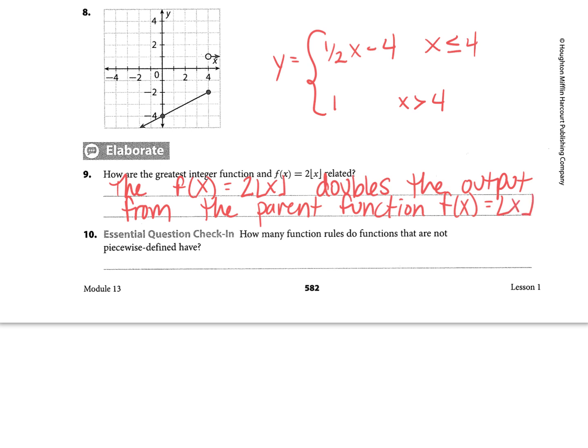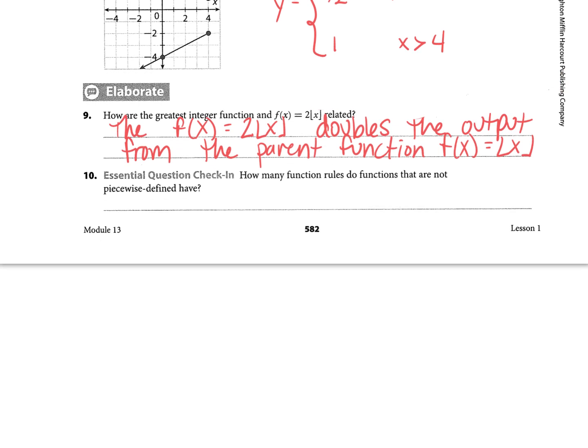So for example, if I plugged in 1.7, this piece would turn into 1, and then it would give me an output of 1 times 2, which is 2. But if all I had was the original function, that would just give me 1. So the output is doubled.